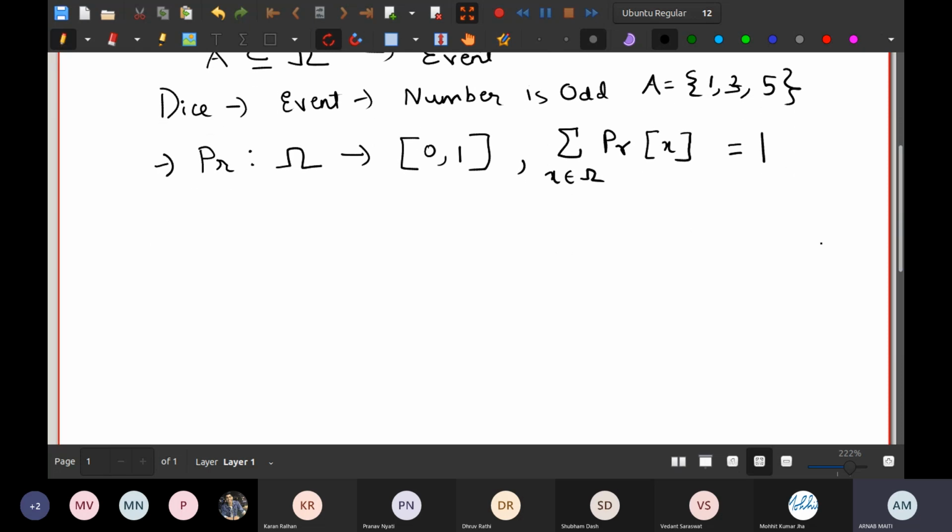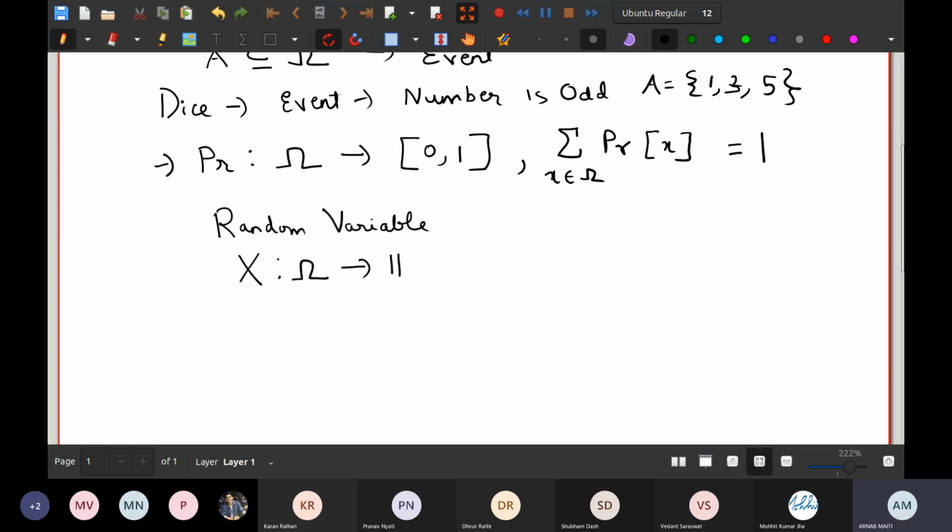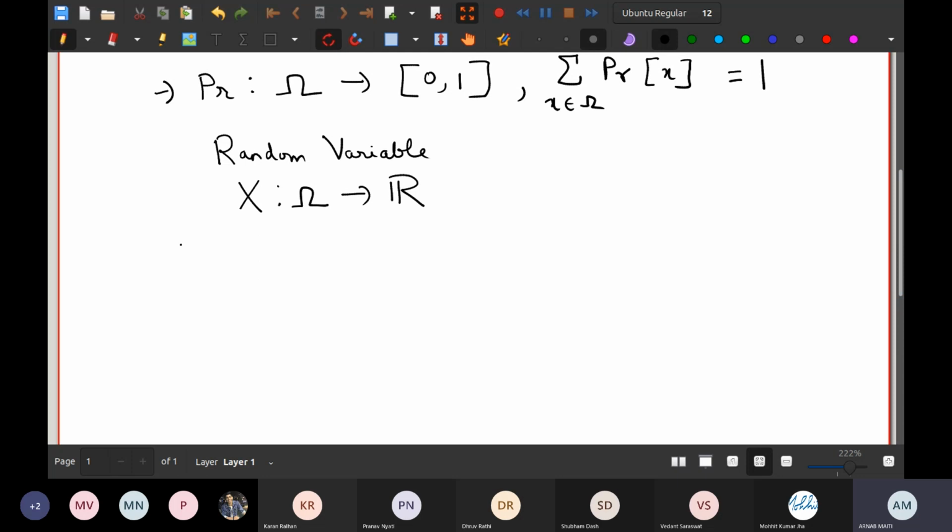After this, I'll introduce something called a random variable. A random variable is also pretty simple. It's a function from your sample space to the real numbers. So it assigns a number to your sample space elements. Let us take the example of dice itself.